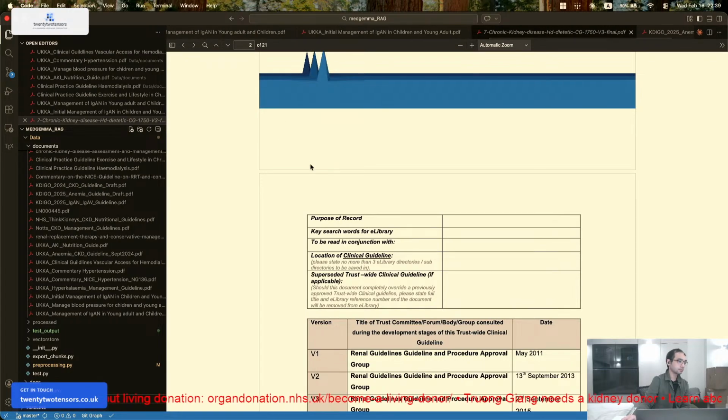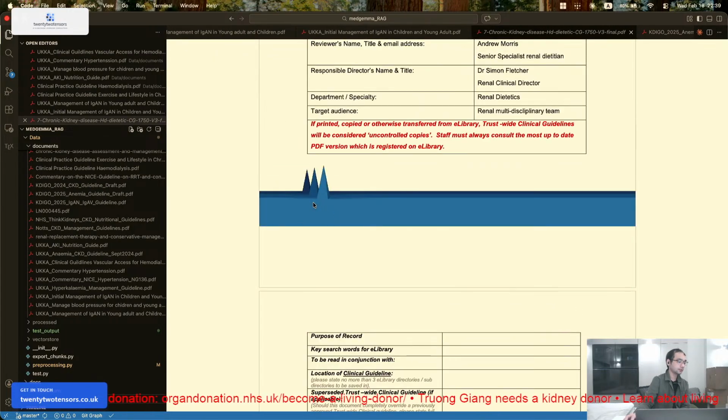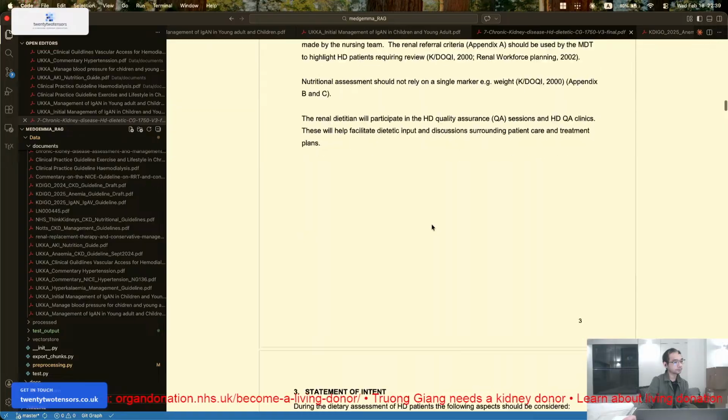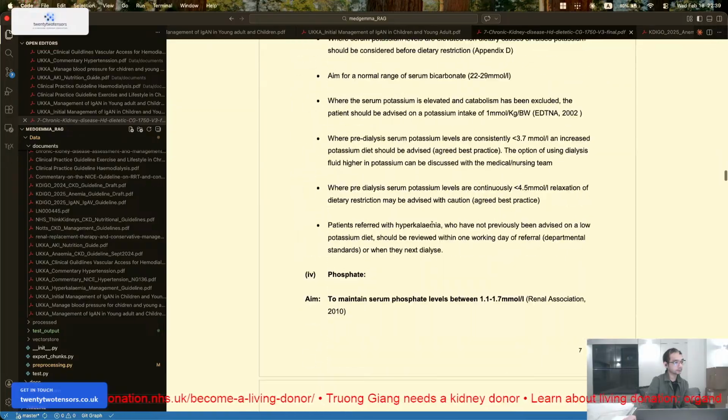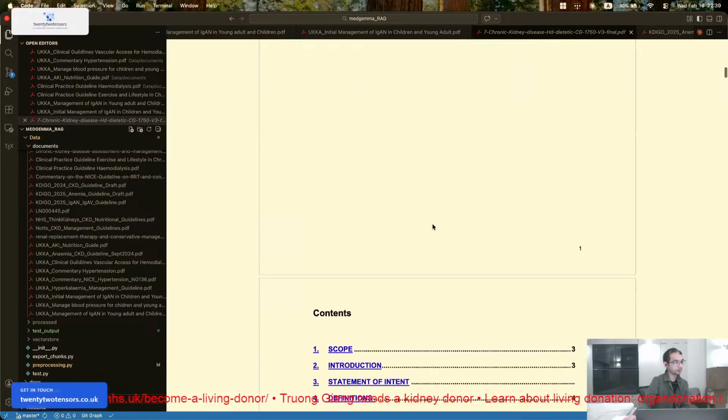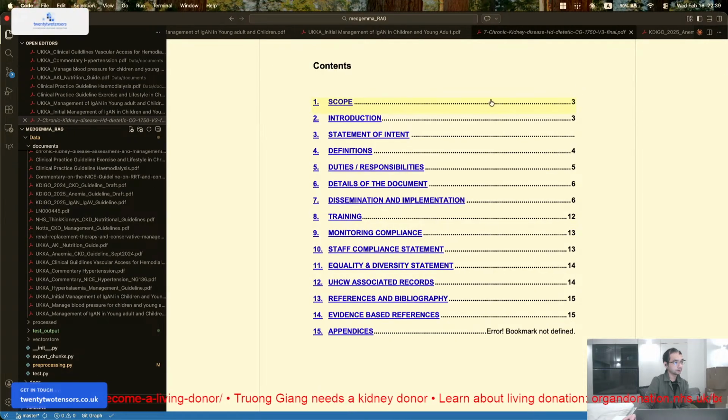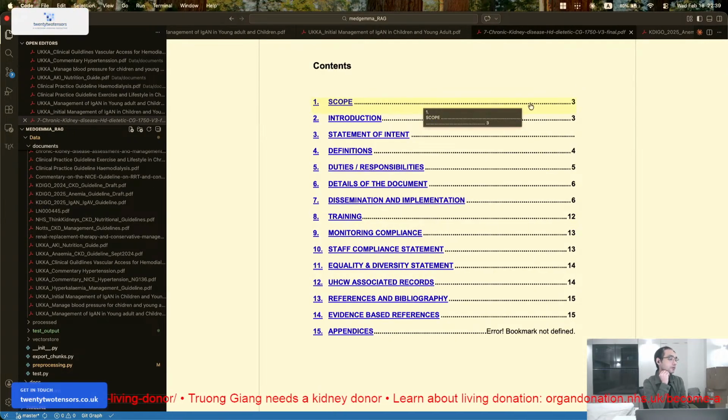We need to organize it into a Markdown with table of contents. So we will use a spot machine.